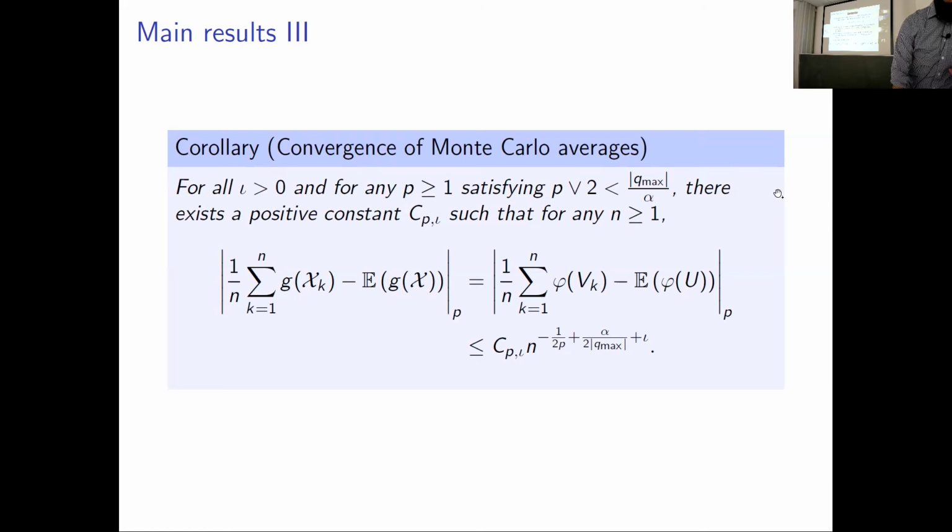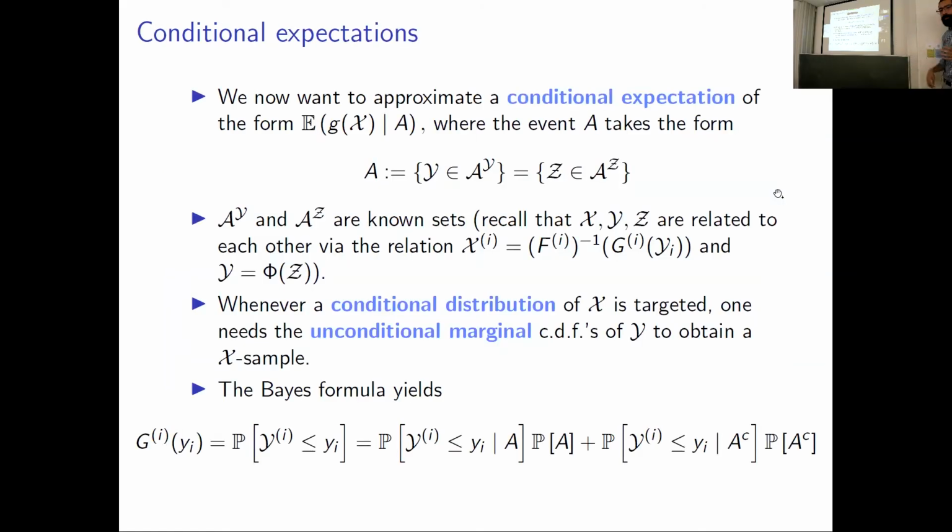These are the main results, but this doesn't quite solve the problem that we started with, right? The problem we started with is we wanted to compute the expectation conditional on some event A. This is a bit harder, but the main idea is there already. It's just a bit messier, not harder.